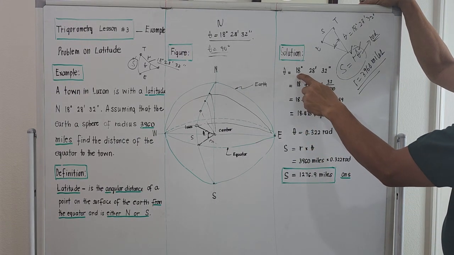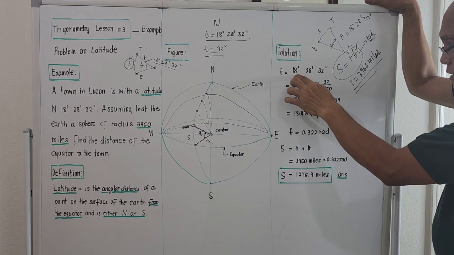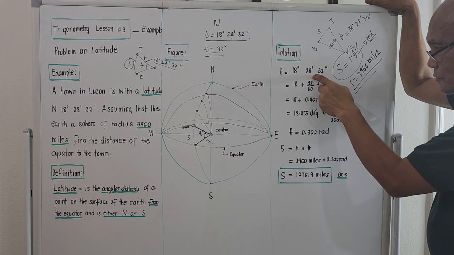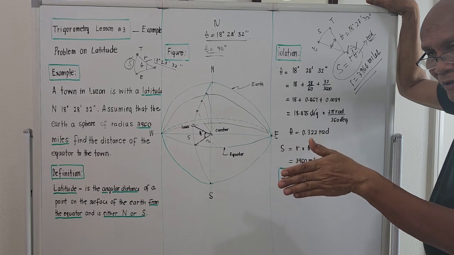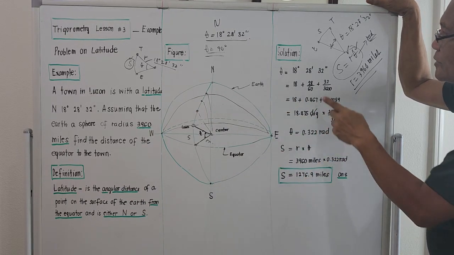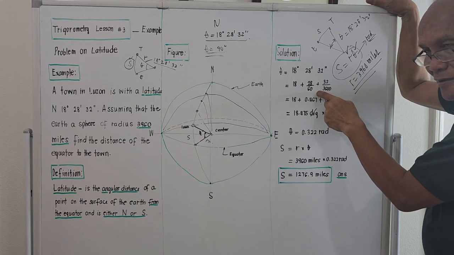So we'll just maintain 18 degrees. And we will convert this 28 minutes to degrees. We know that 1 degree is 60 minutes, so to convert minutes to degrees, we divide by 60.